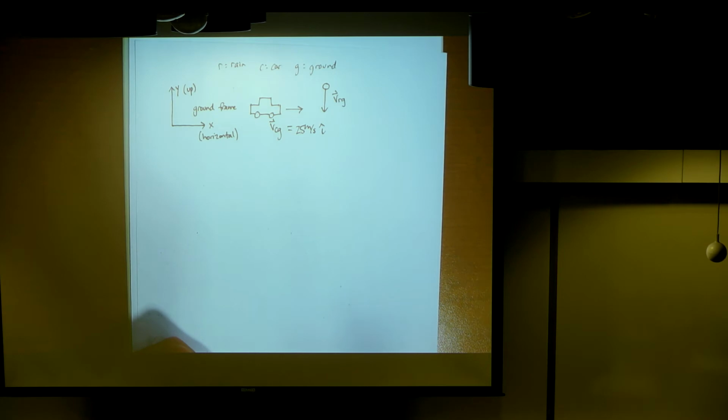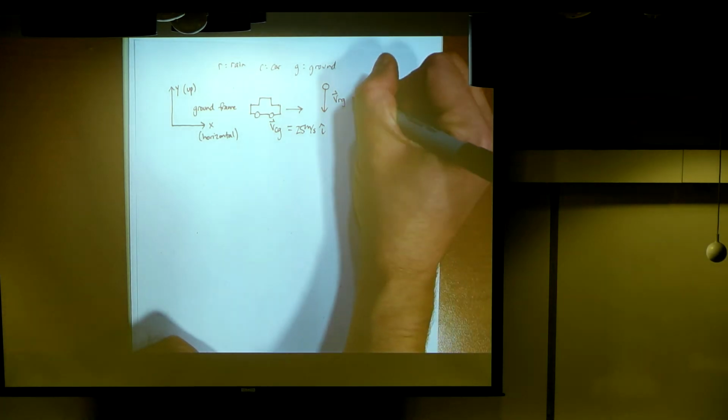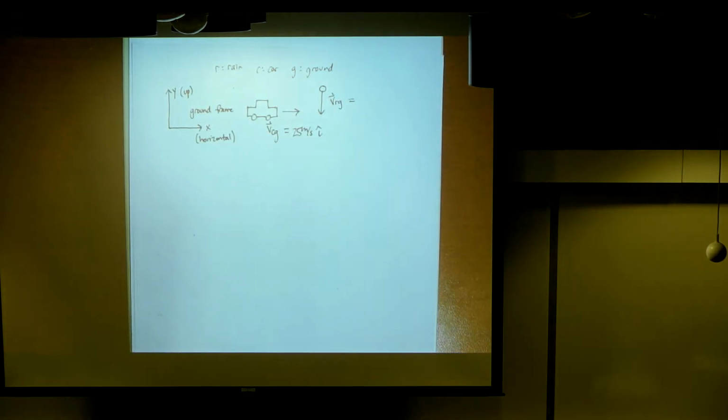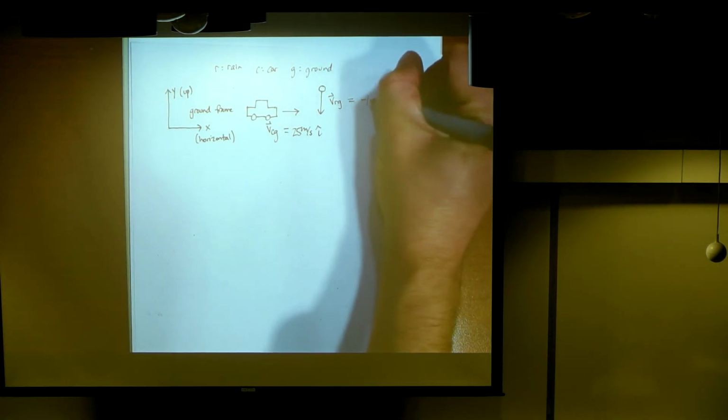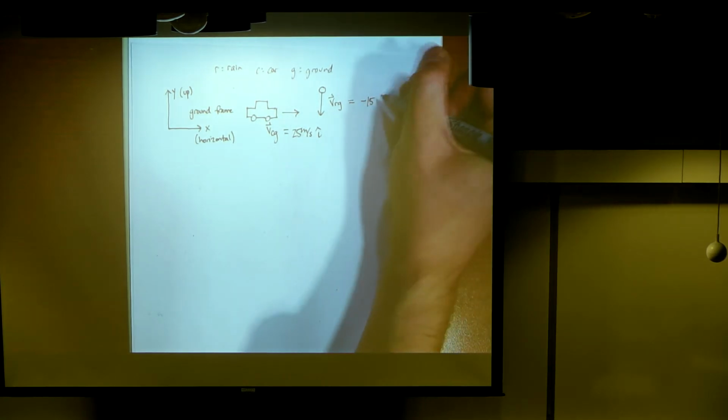There's no y component, so just leave it at that. Okay, for VRG, what should I say about that? 15 meters per second j hat? But I put a negative sign on that because we're moving downwards. But yeah, so negative 15 meters per second j hat.